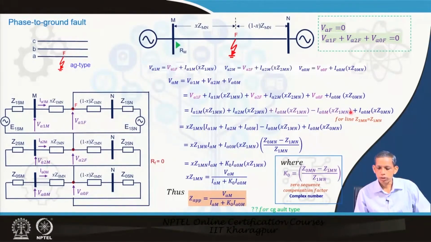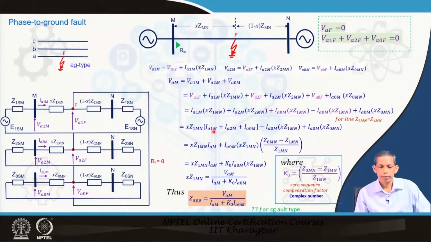Now these two considered parts become minus I0M x Z1Mn plus I0M x Z0Mn. What we will see now is that this part I1M plus I2M plus I0M, as we see in the sequence component analysis, is nothing but this IAM.